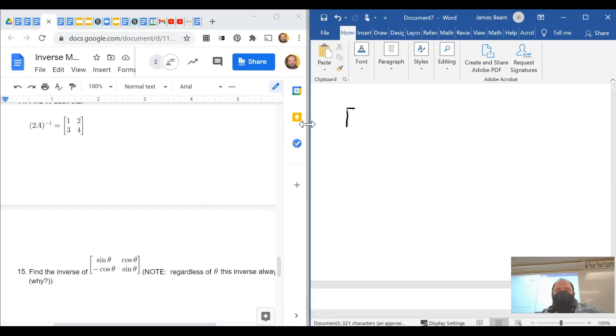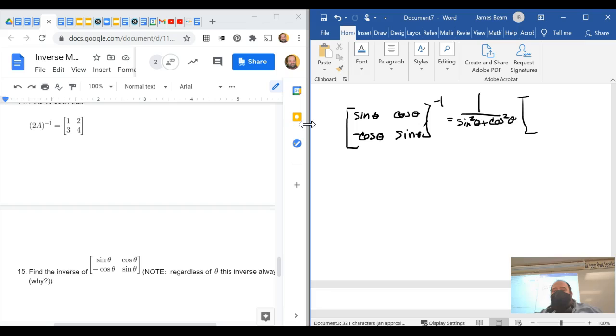If I have sine theta, cosine theta, negative cosine theta, sine theta, and I want to take the inverse of that, this becomes 1 over what? Yes. Sine times sine is sine squared theta, right? Minus negative cosine squared theta is plus cosine squared theta.